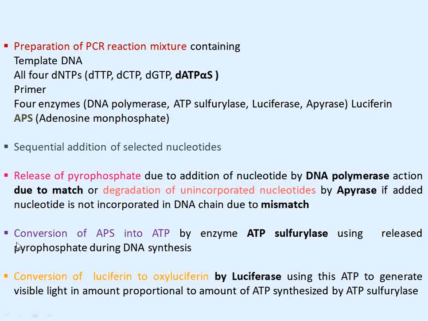Okay, after that, the conversion of APS into ATP by the enzyme ATP sulfurylase using pyrophosphate released during the DNA synthesis. Then conversion of luciferin into oxyluciferin by the luciferase enzyme using ATP synthesized by ATP sulfurylase action, with release of visible light proportional to the amount of ATP synthesized by ATP sulfurylase. Okay, so these are the basic steps involved in pyrosequencing.